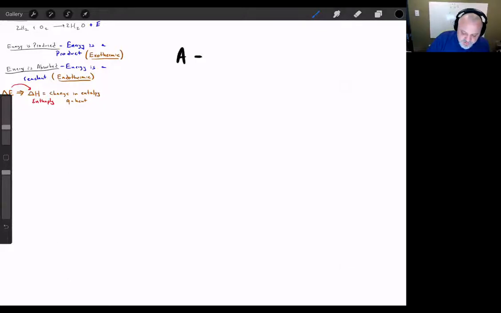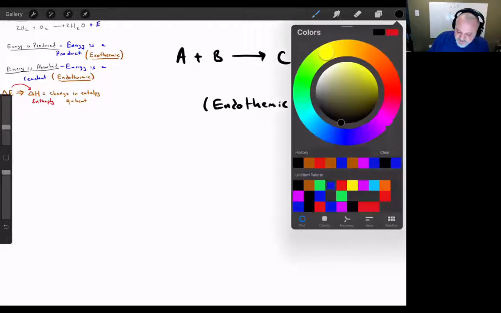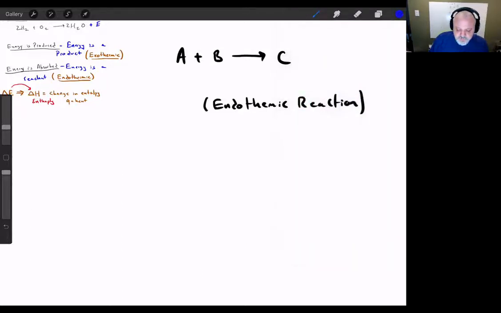If I have A plus B and it goes to C, and let's call this one an endothermic reaction, then that means that energy is a reactant.